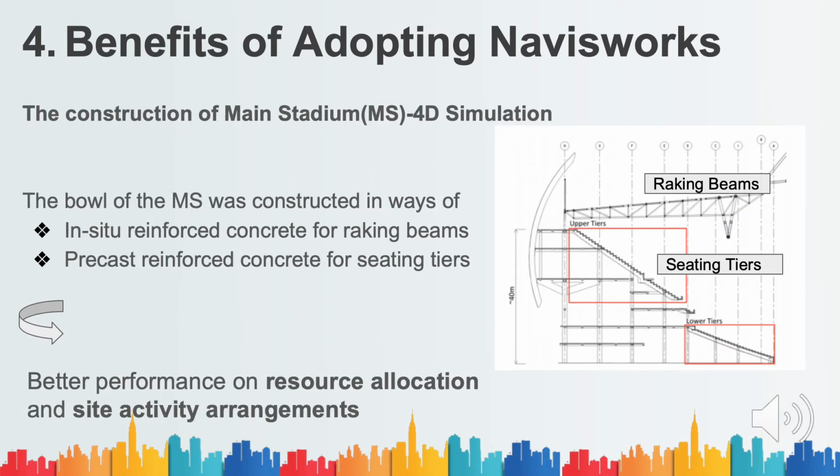In the subject project, it adopted Navisworks in the construction of the main stadium for 4D simulation of the actual building progress. It benefits the project manager in arranging the site activities and allocating the resources.